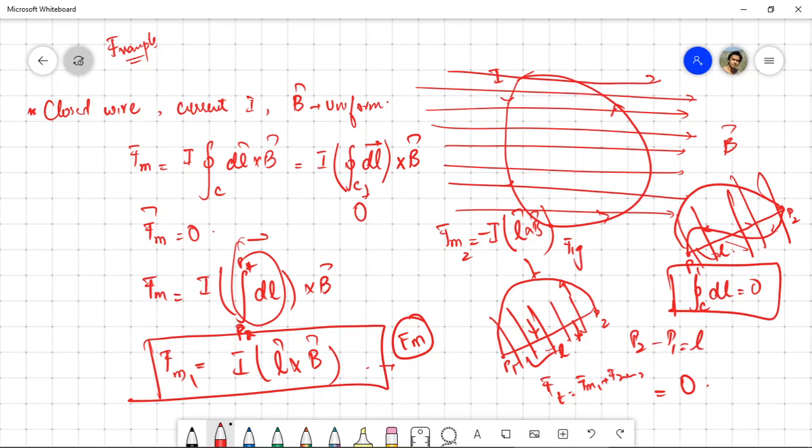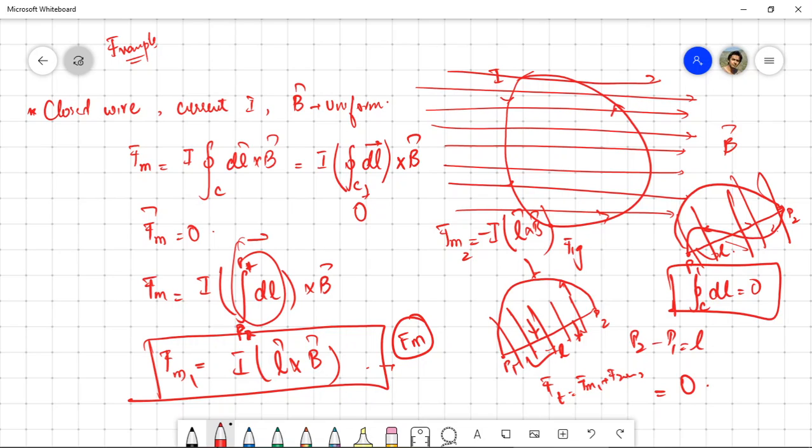So whenever the current is flowing in a closed loop, the total magnetic force acting on that closed loop will be equal to 0. And if you are asked to calculate the value for a segment, then it will certainly have some value.